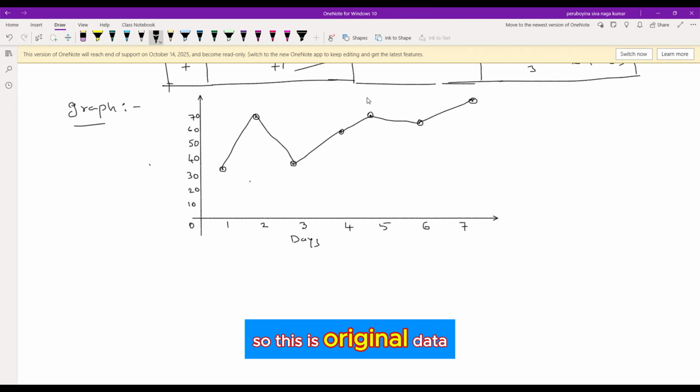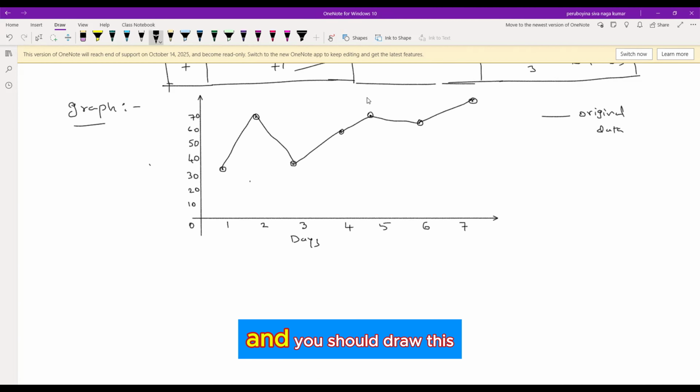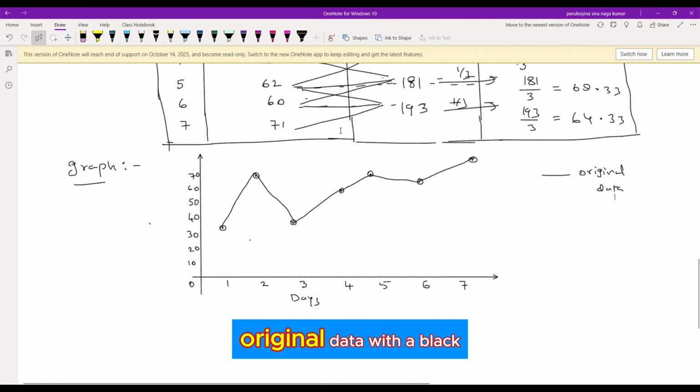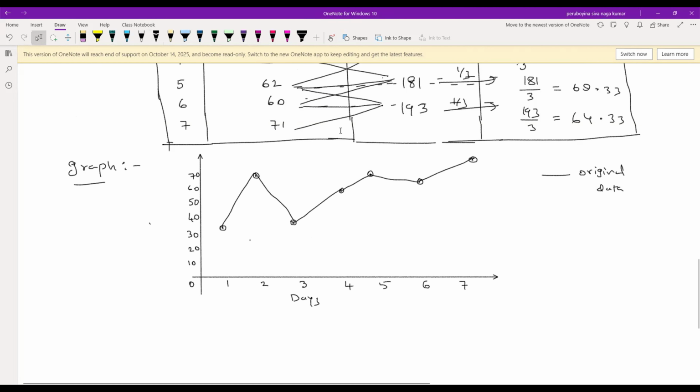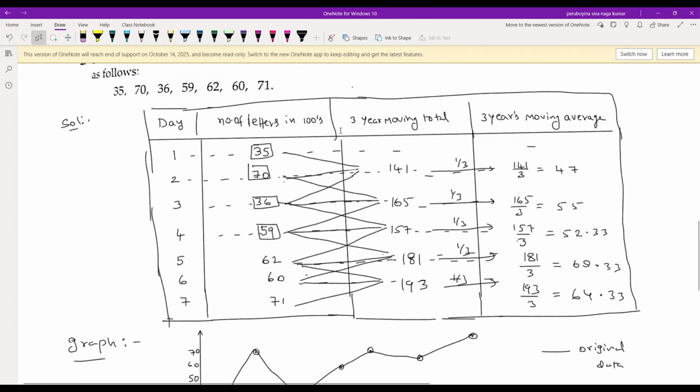So this is the original data. You should draw this original data with black ink and use a pencil for the moving average values.